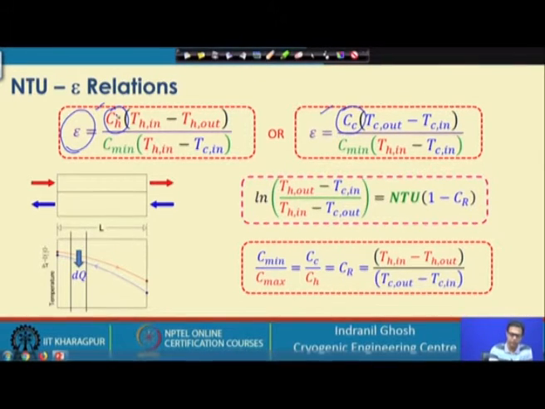Now, in continuation to that, we have also seen that if we make an energy balance between these two fluid streams, we can get a relation something like this, which will involve the epsilon and NTU.